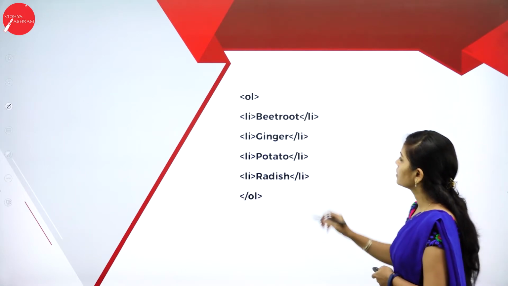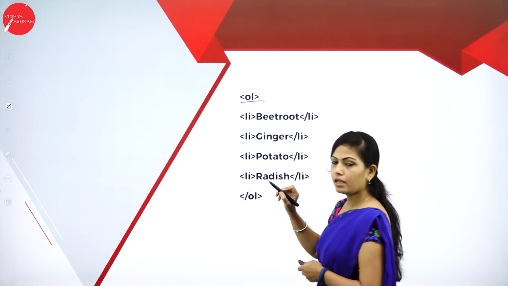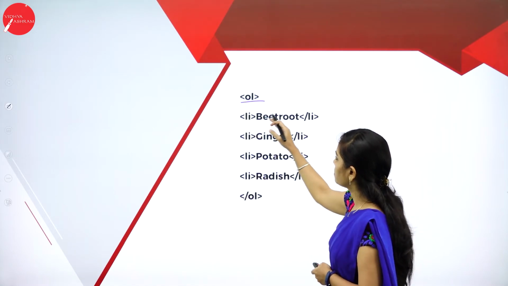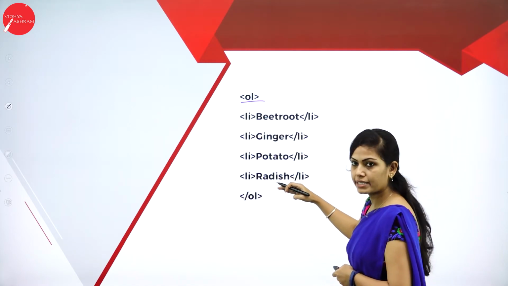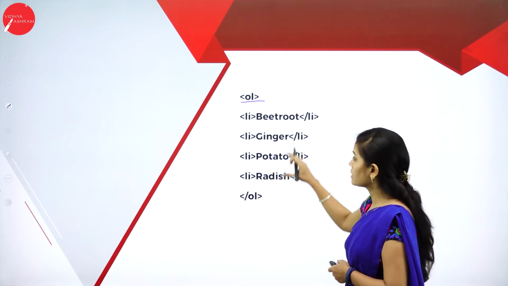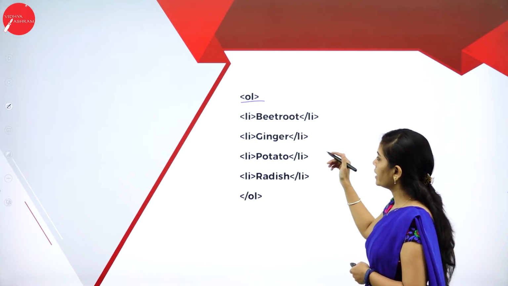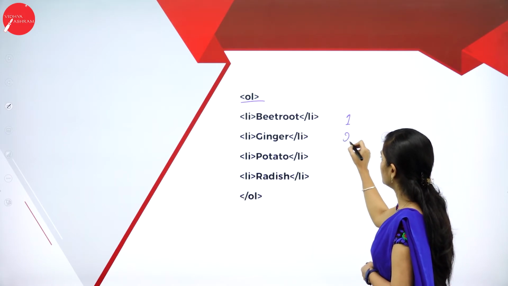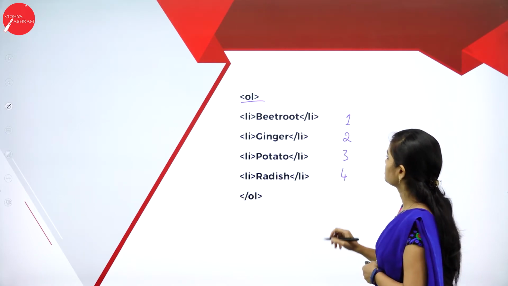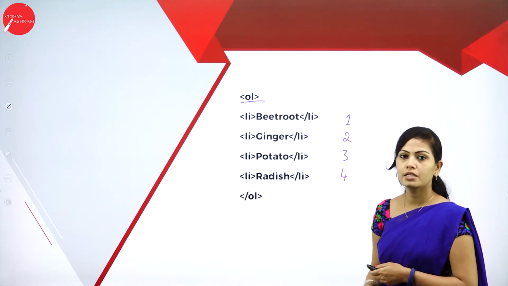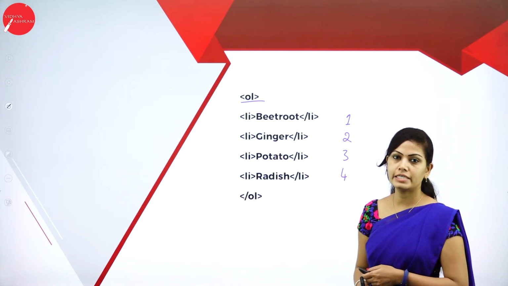And as an example, here I have written OL, the list of items, beetroot, ginger, potato and radish. So inside the ordered list, I have written this list of items. So you will get it in a numbered format, 1, 2, 3, 4. This is your unordered list and ordered list.